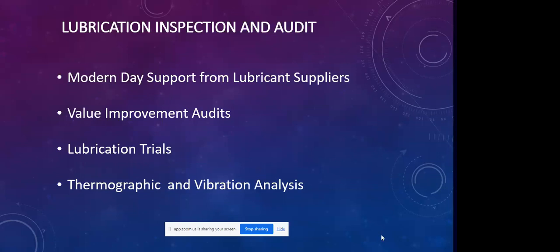This is one area for maintenance and reliability engineers to focus on, bringing in expert consultants, lubrication engineers and tribologists to do the audits. You can do it maybe once every 3 years, do the audit, help you close some of the gaps, and also catch up with modern technology.